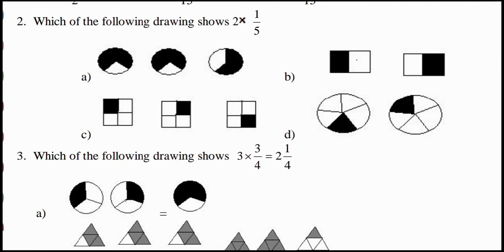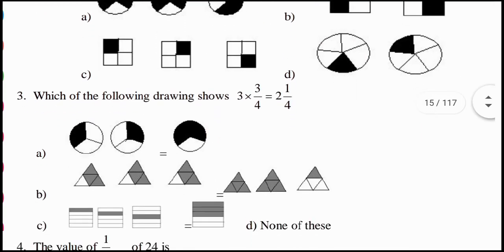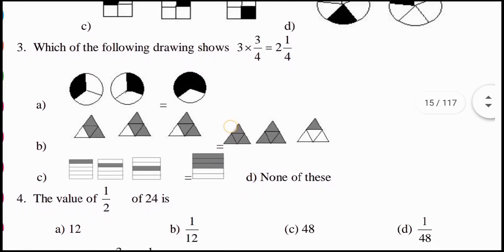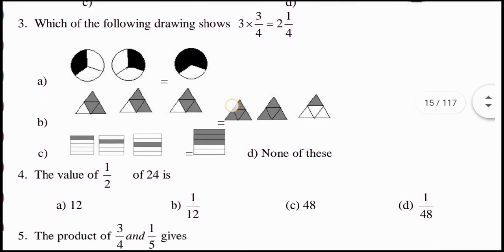Now question number 3. Which of the following drawings shows 3 multiplied by 3 upon 4 is equal to 2 integer 1 upon 4? First of all we observe these figures, and in which figure 3 upon 4 is given, 4 parts and 3 parts are shaded out of these 4 parts. It should be 3 times.